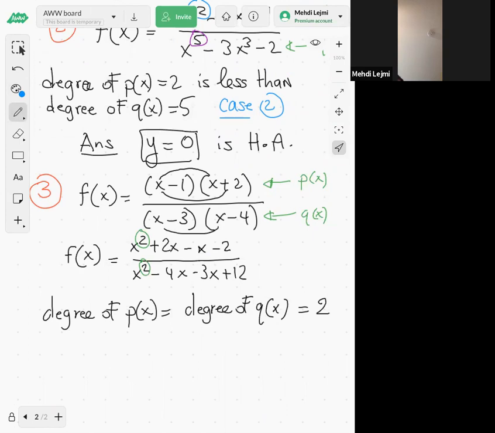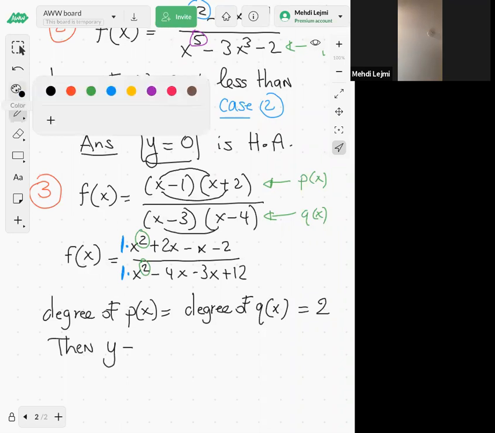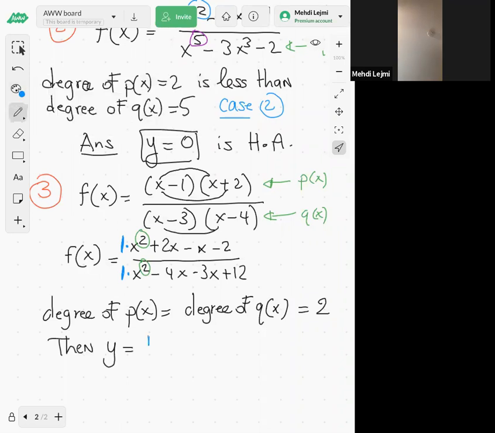The leading coefficient here is 1 times x squared, and this is 1 times x squared, right? So then y equal to 1 over 1. That's my horizontal asymptote. Of course, 1 over 1 is 1, right?